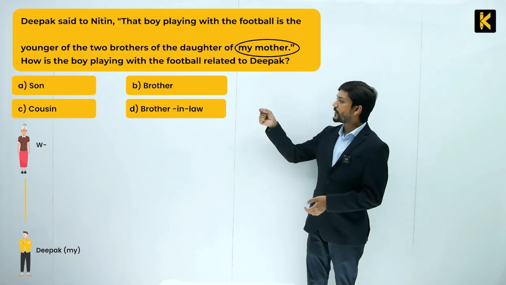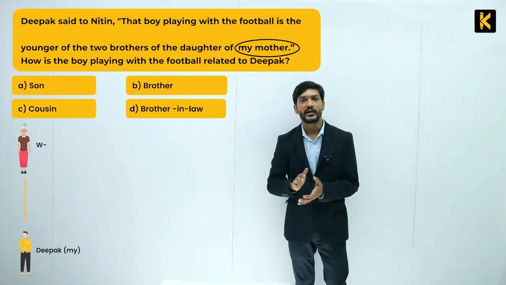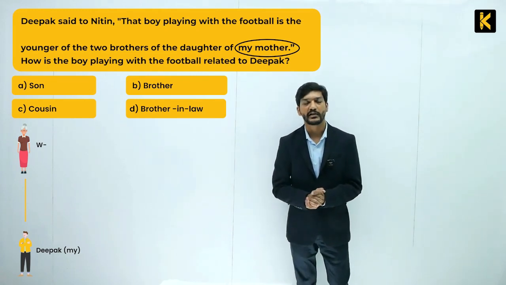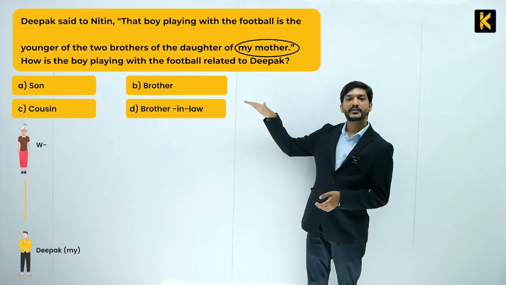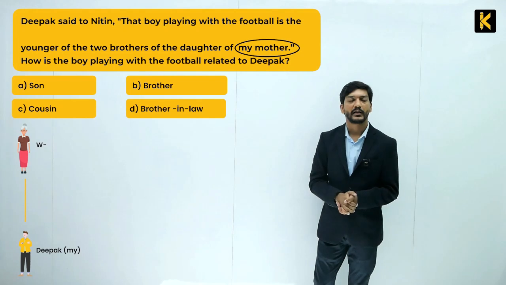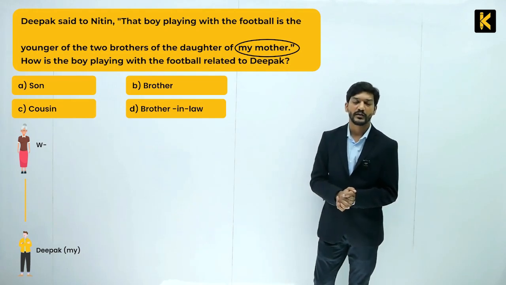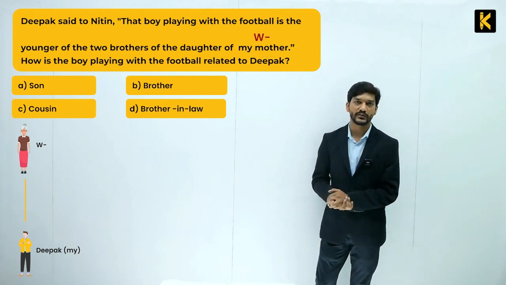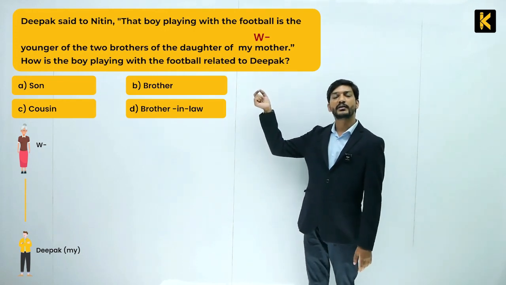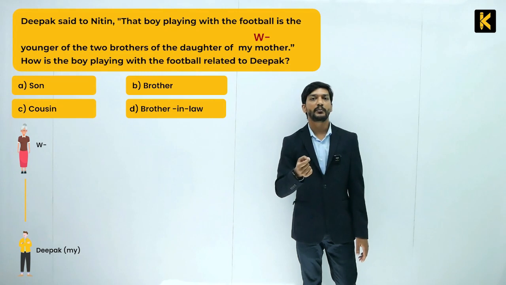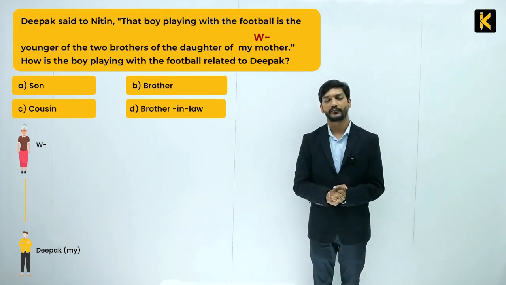So let me show a woman as W minus. So my mother in this diagram is W minus. So let me show it in the statement as well. In the statement I have shown that my mother is represented by W minus in the diagram.